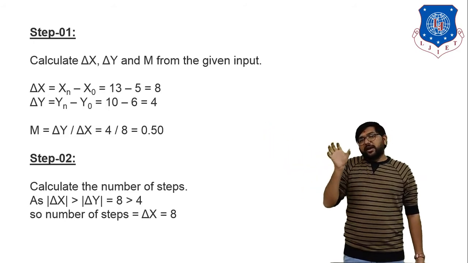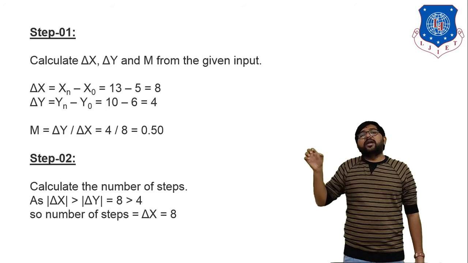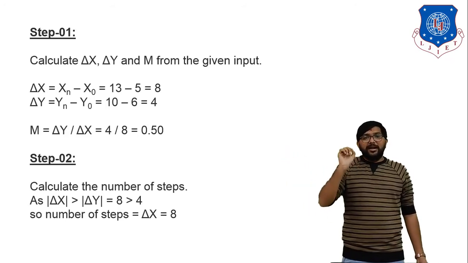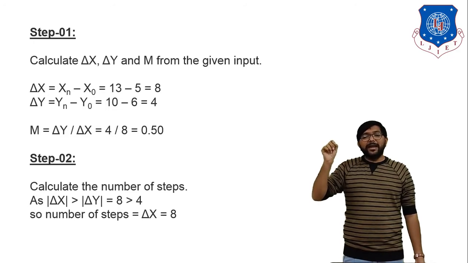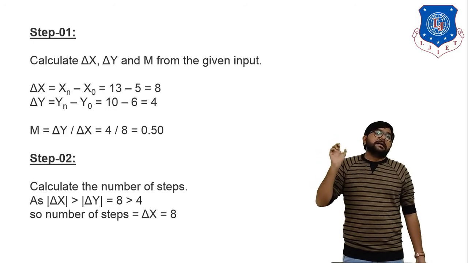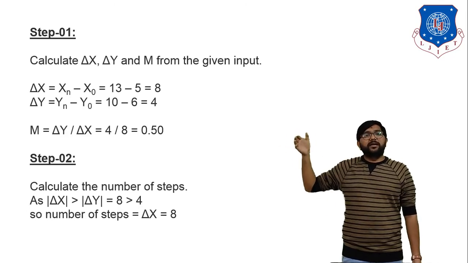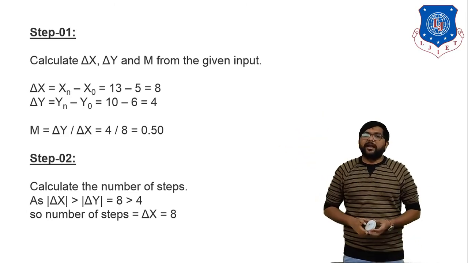Clear? So first we have to find how many steps we need in this numerical. Delta x is greater than delta y, 8 greater than 4, so we have to give increment up to 8 steps to reach the second endpoint. Clear?